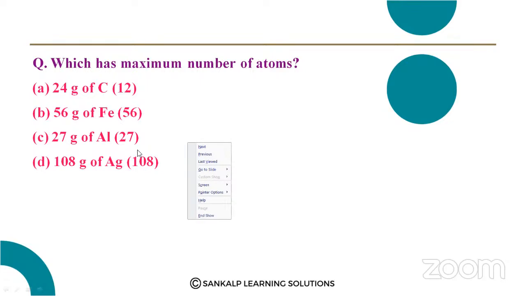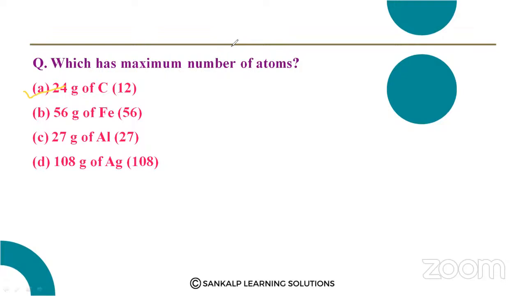In the other three options it is only 1 mole, while in option A it is 2 moles. So option A is the right one, the maximum number of moles is in 24 grams of carbon.